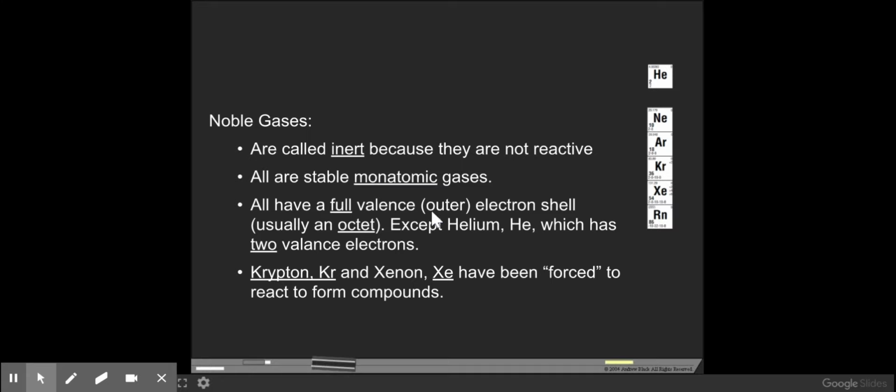All have a full valence outer electron shell, usually an octet, meaning it likes 8, except for helium, which only has 2. The innermost electron orbital only wants 2, so that makes sense. Krypton and xenon have been forced to react to form compounds, so you can have the larger ones react, but generally they don't like to.